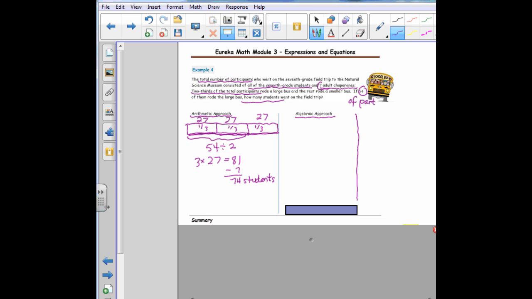So if you draw a line down here, here's what we know. We know that 2/3 of the total participants rode the large bus. And we know that the participants make up the students and the chaperones.